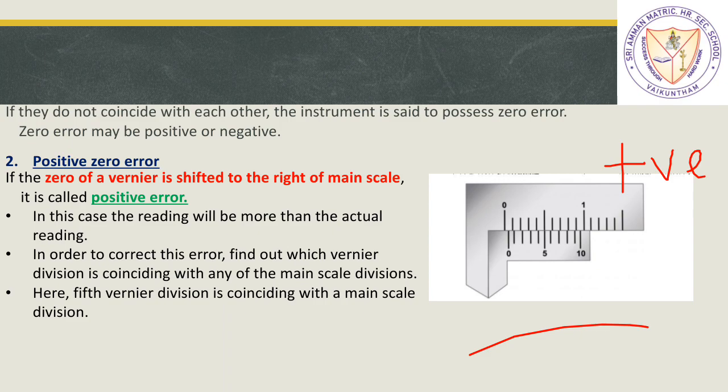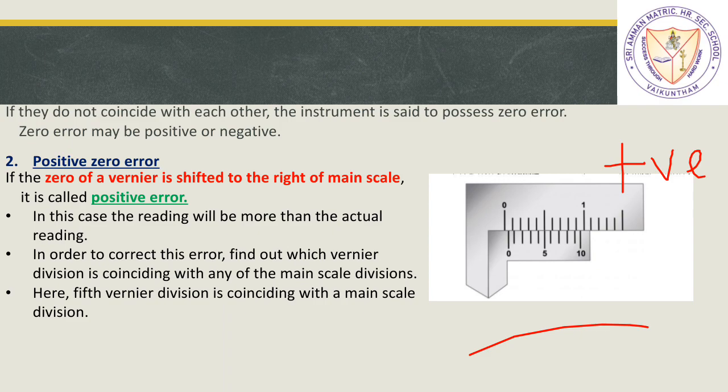So this says that there is some error in the instrument. In order to correct the error, we have to find out which vernier division is coinciding with any of the main scale divisions. There will be 10 divisions in the vernier scale and several divisions in the main scale, so we have to carefully look for the particular division which is coinciding with the main scale.